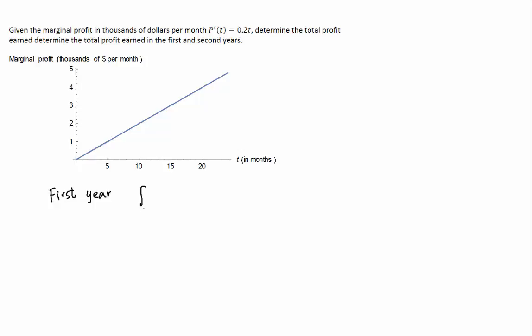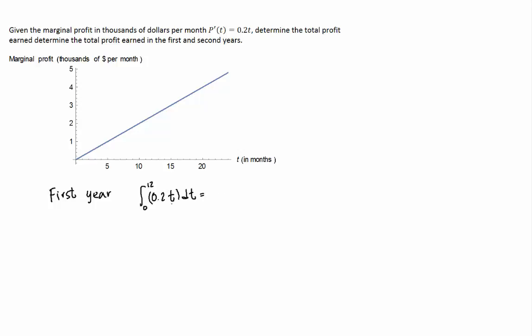It would be the definite integral between 0 and 12 for the first year. Remember, the t is given in months, so for the first year you go from month 0 to month 12, and then you have your function 0.2t dt, and you calculate that.